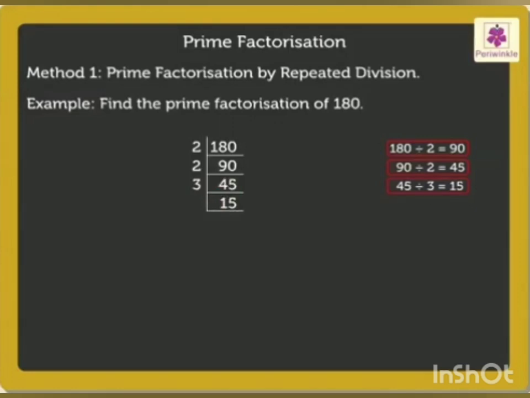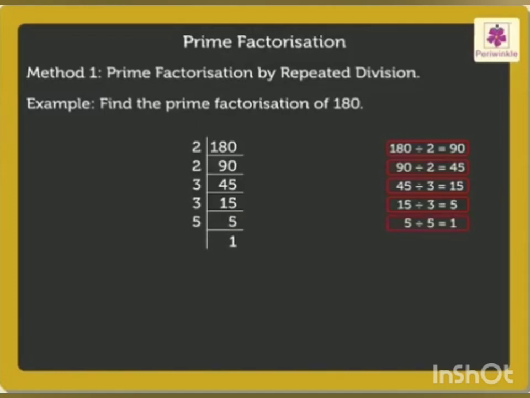Number 15 is also completely divisible by 3. That is, 15 divided by 3 is 5. Write 5 below the 15. Now we have 5 as the dividend. It is itself a prime number. So, lastly, on dividing 5 by 5, we get 1. Write the 1 below the 5.